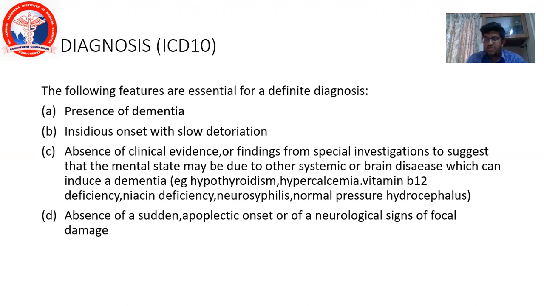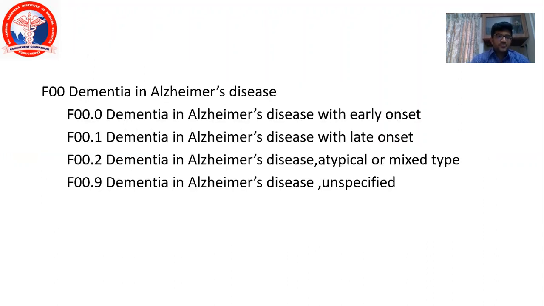So we should rule out hypothyroidism, hypercalcemia, vitamin B12 deficiency, niacin deficiency, and also infective diseases like HIV, neurosyphilis, normal pressure hydrocephalus. And also there should be an absence of a sudden apoplectic onset or of neurological signs of focal damage. In that case, we should diagnose it as a vascular dementia.